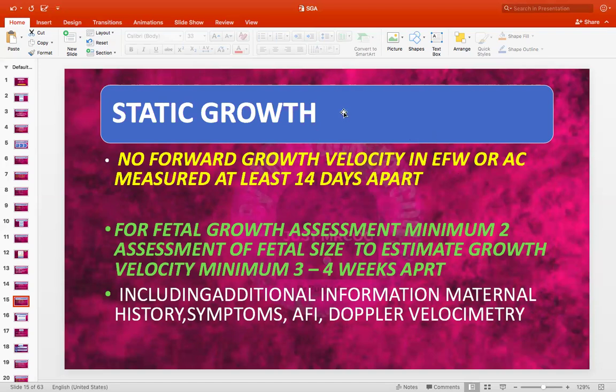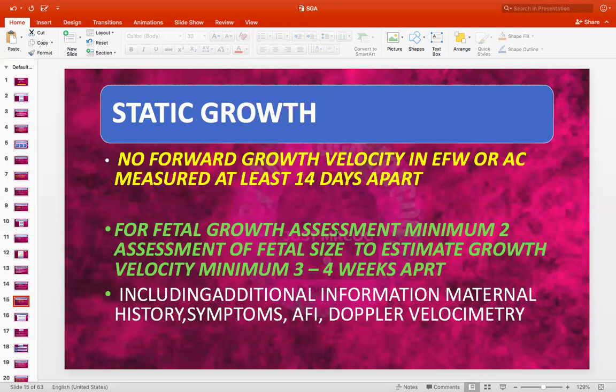It means when you have two measurements at an interval of 2 weeks, and the growth velocity of estimated fetal weight or abdominal circumference or both, we can take one criterion, whichever is there, or even both. When there is no growth velocity, it is absolutely the same as it was today and after 2 weeks, then we consider it as static growth.